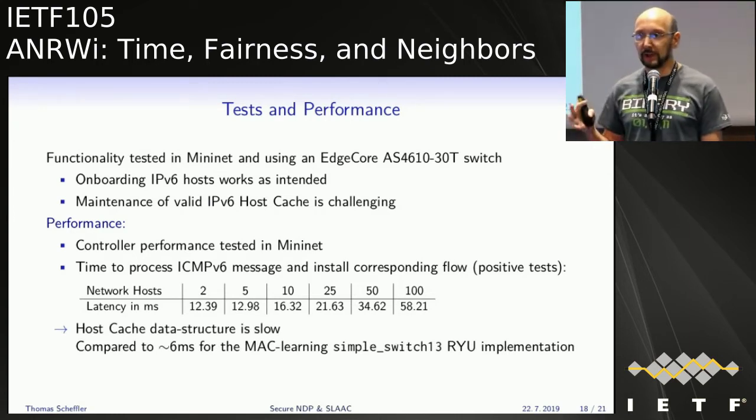The trouble here is that the normal MAC learning switch can just key on the MAC address. Here we now have to check a MAC address against different and potentially multiple IPv6 addresses. So we have to go through the whole cache, and this is done in Python. So it's not yet production ready.